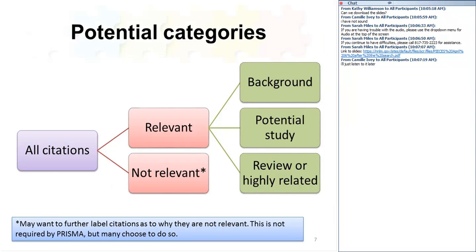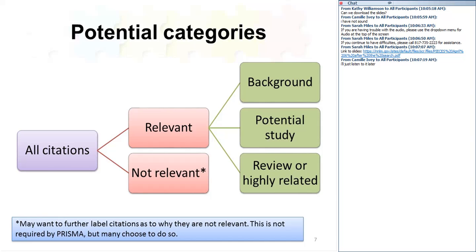So on this slide, I put some possible categories that groups may decide to divide the citations into, and definitely you have the 2 groups of relevant and not relevant. But even in the relevant, they may find things that aren't really studies. They would be really good for background, though, such as a policy paper, an expert opinion paper, something like that.